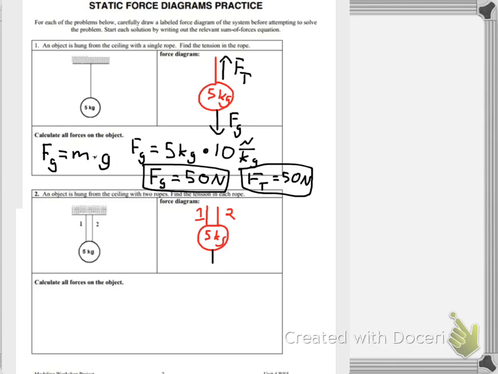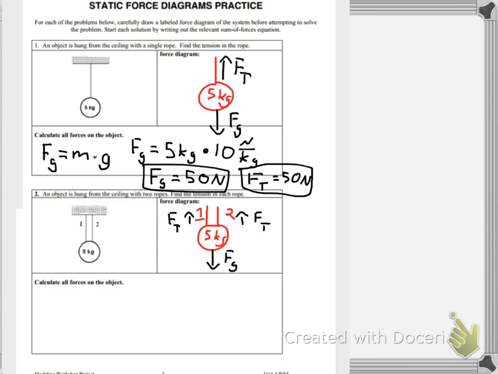We will still have a force due to gravity pulling it down, but now each string has some bit of tension in it. So we will have 2 tension forces that we're trying to find.